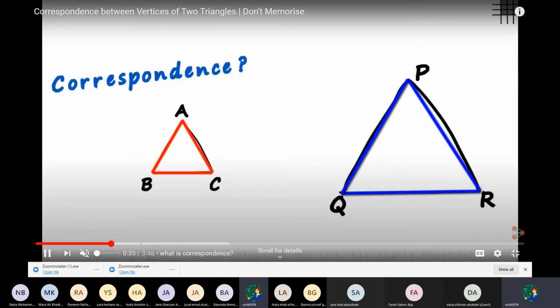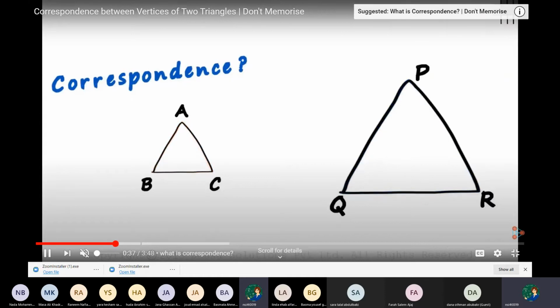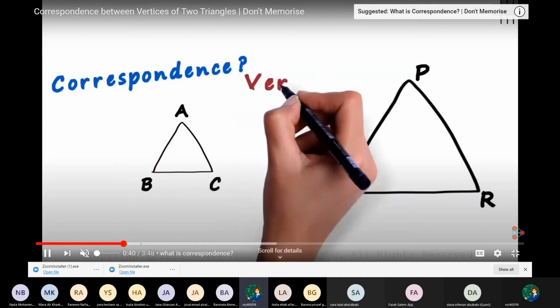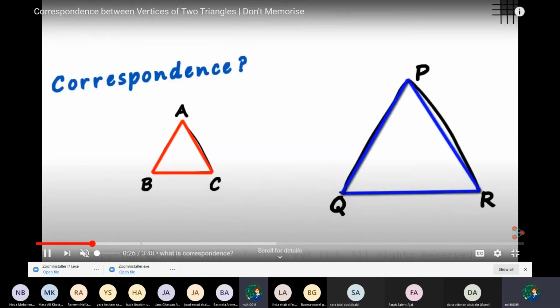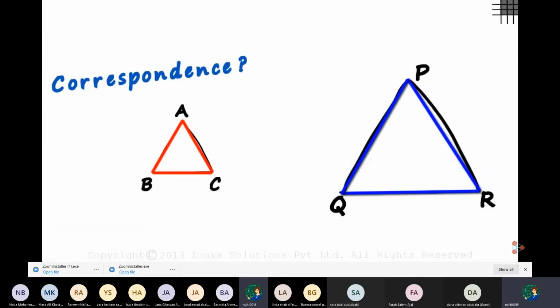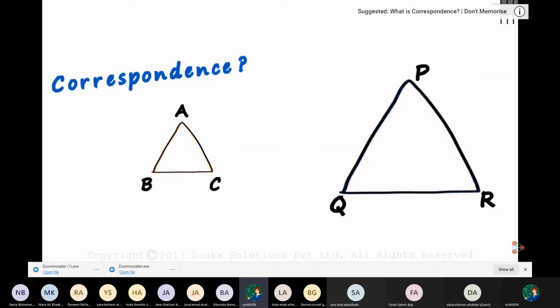Now, you have to know that if I want to check the correspondence of two shapes, the meaning of corresponding is in a specific manner and not randomly.